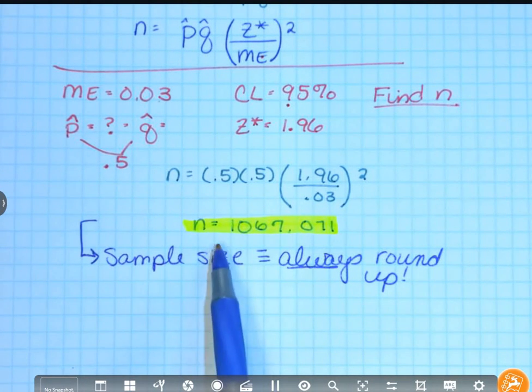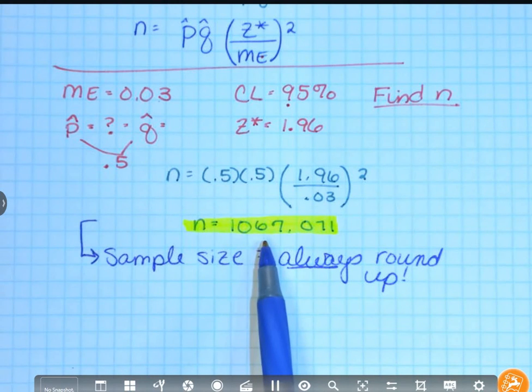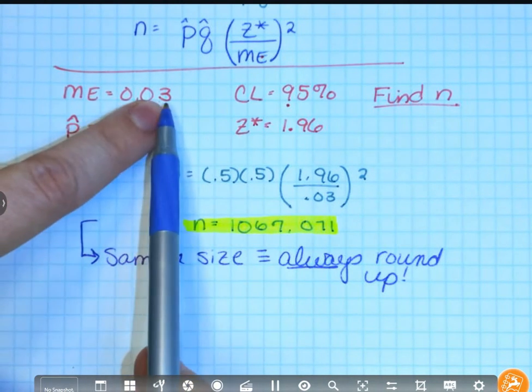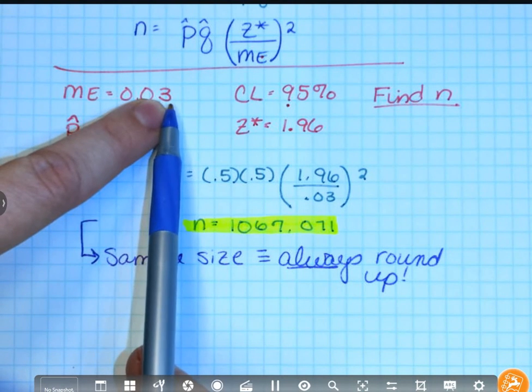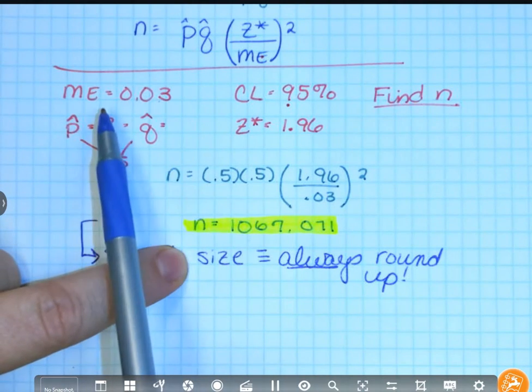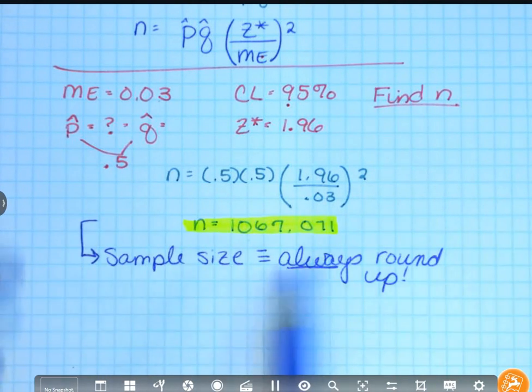If I were to use just 1,067 people, my margin of error is going to be a tiny bit bigger than what I'm looking for. I need to guarantee a margin of error of that, so I always round up.